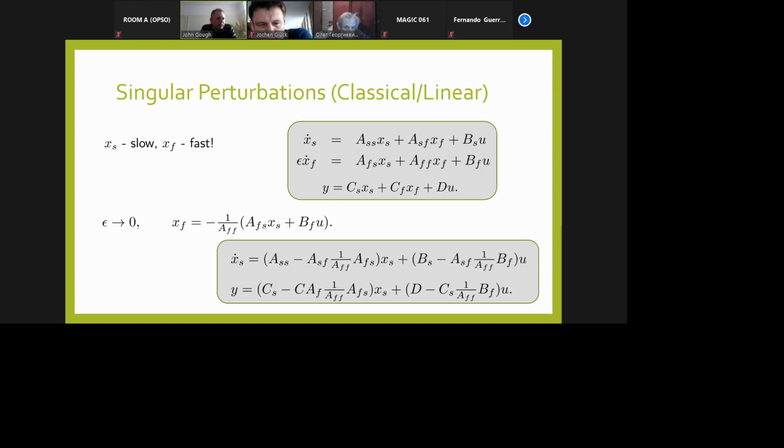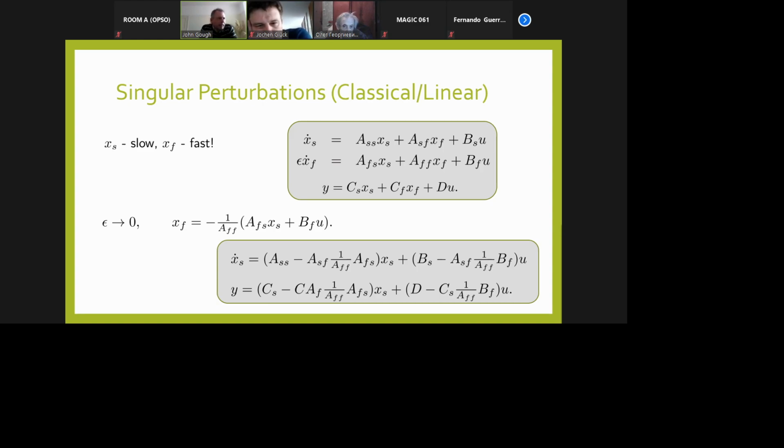A, B, C, and D's here are all going to be generally matrices. There's an epsilon included here with the fast component. The idea is that epsilon is going to 0. So if you rearranged it, 1 over epsilon is becoming infinite.